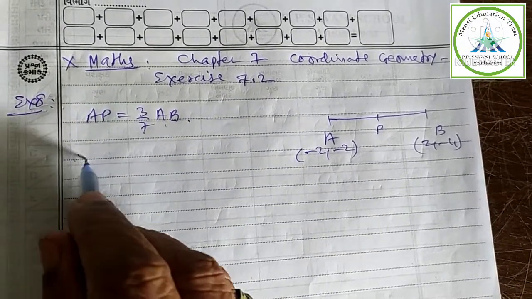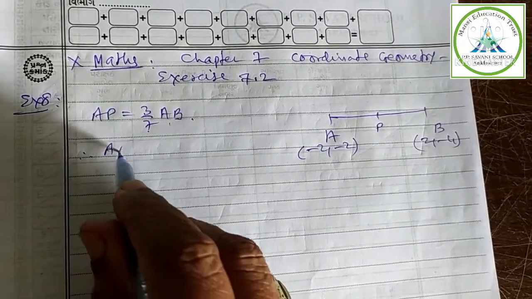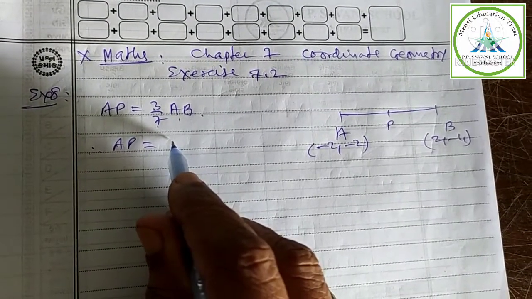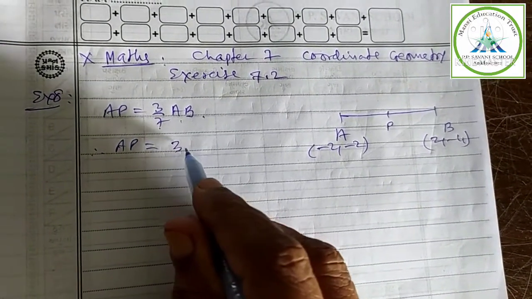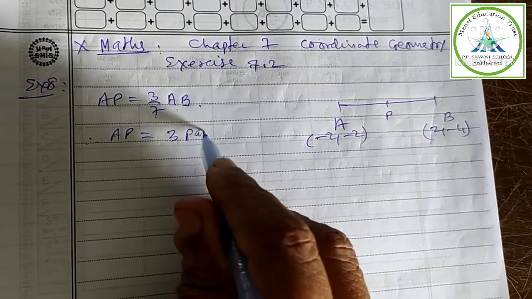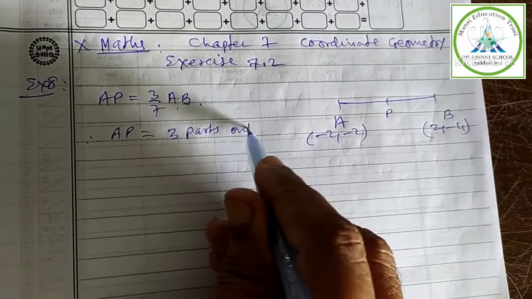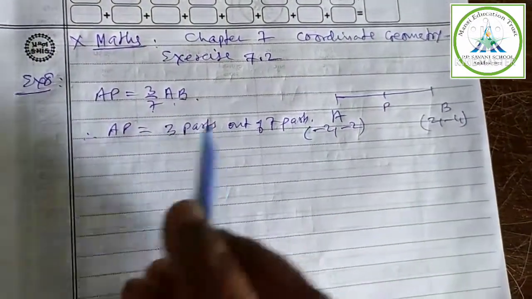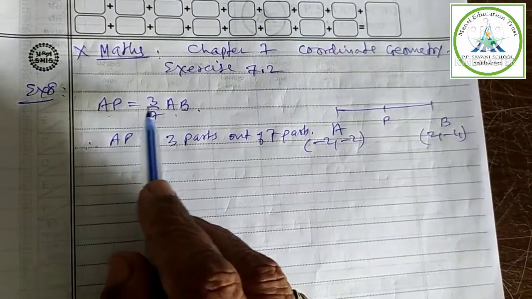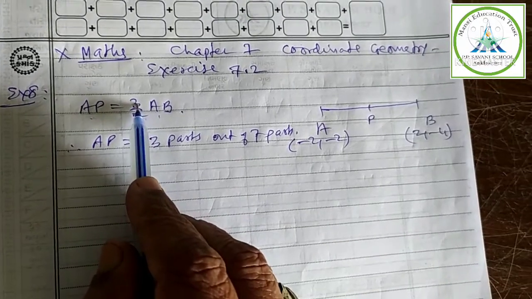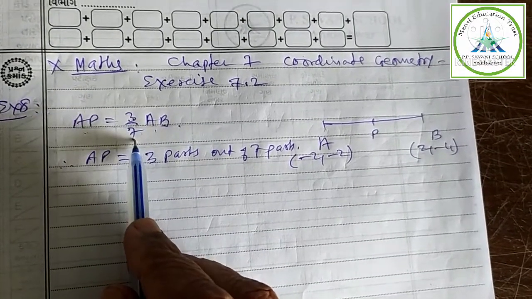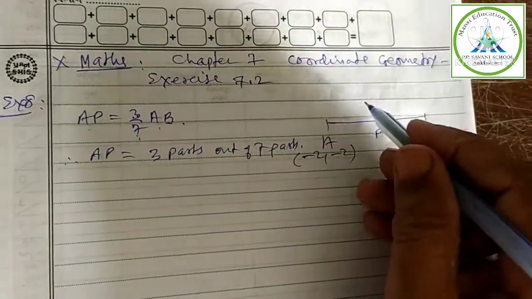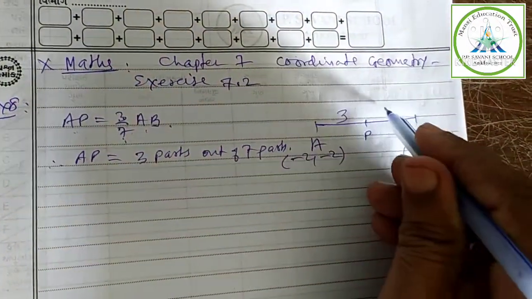Therefore AP is 3 parts out of 7 parts. So how many parts are remaining? 4 parts. Then we can say this is divided in the ratio 3:4.